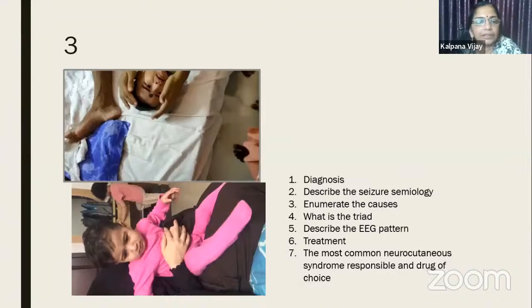Any other cause? We have seen infantile spasm so many times. Is it all the time due to tuberous sclerosis? So perinatal asphyxia is one of the important things. Also many of the metabolic disorders or structural malformations, anything can happen.